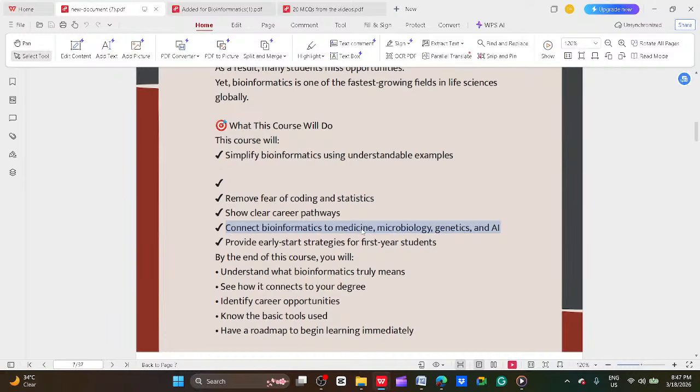If not because of bioinformatics, COVID-19 would have wiped us away, because it was the use of bioinformatics that we were able to get a vaccine for it. Tuberculosis has been with us for more than 100 years. Up to today, we have not been able to develop an effective vaccine that can tackle the problem of tuberculosis in adults.